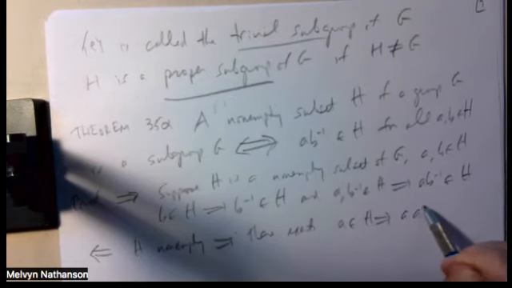H is non-empty, so that means that there exists an element A in H. Which means I can take A and B equal, because if A and B are in H, so is A times B inverse.